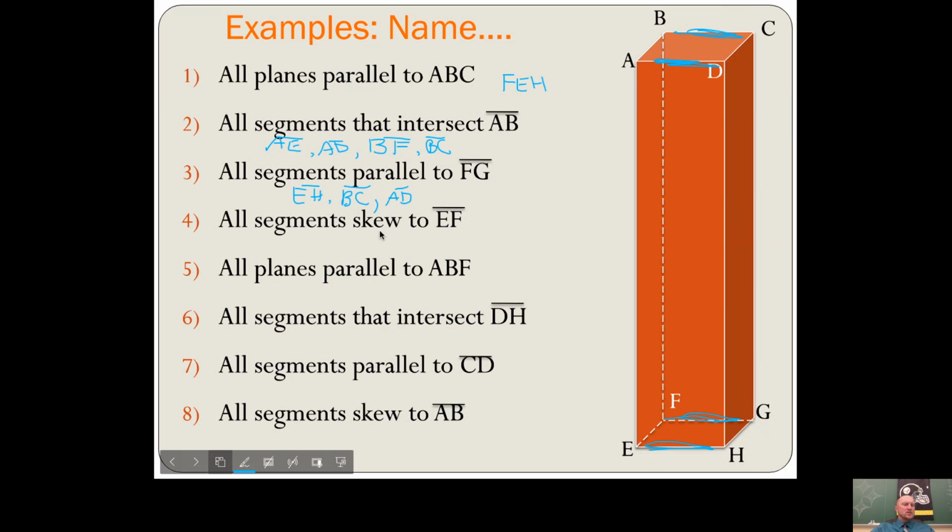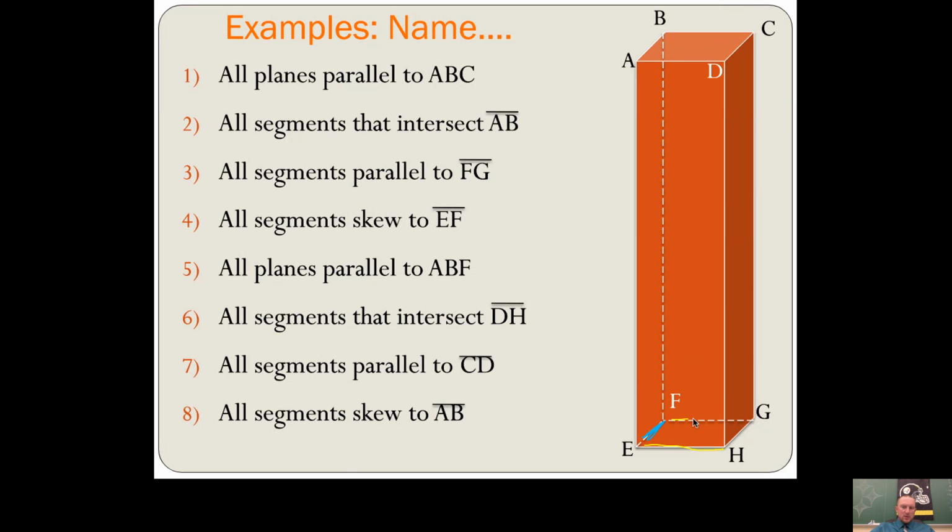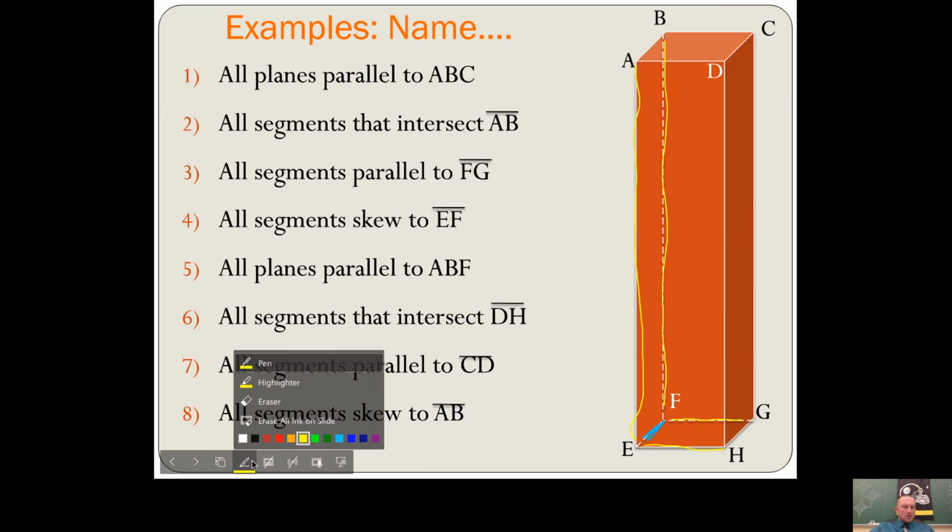Number 4, all segments that are skew to segment EF. So here's segment EF. Here's a great way to identify segments that are skew. We just spent some time identifying segments that touch a certain segment. Well, the segments that touch segment EF are not skewed to it. Also, the segments that are parallel to it are not skewed to it.